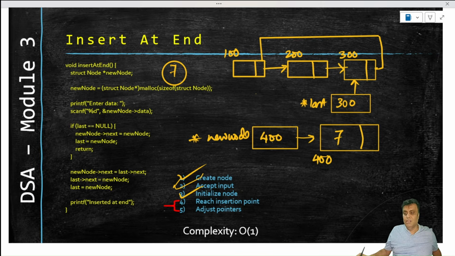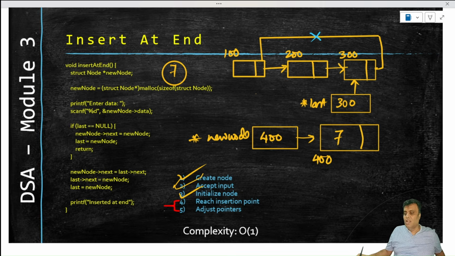We cannot, right? So we will have to rely on the business logic that is there for this particular example. So what is our new node's next? When the new node comes at the end, what should happen? The first thing that will happen is this pointer will cease to exist because this now becomes the last node.